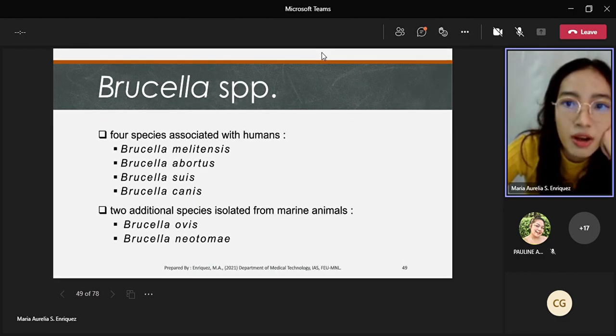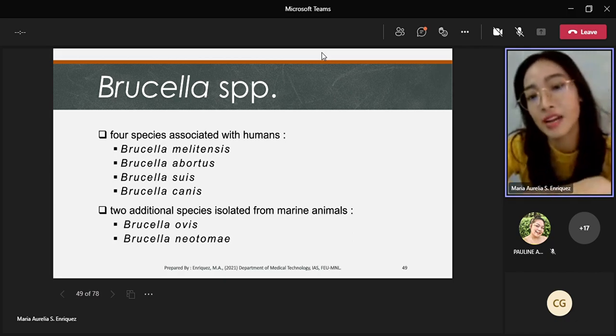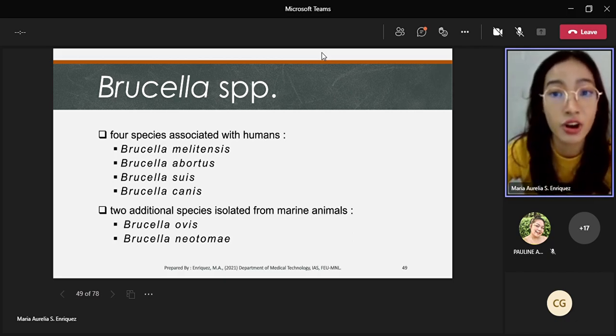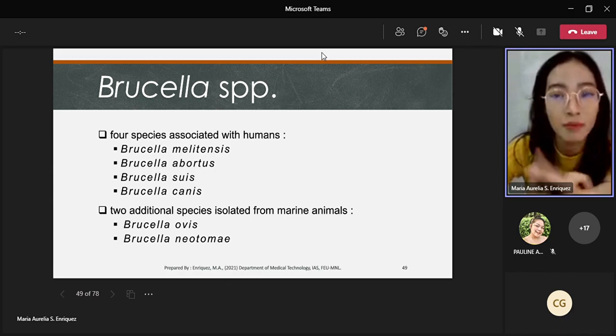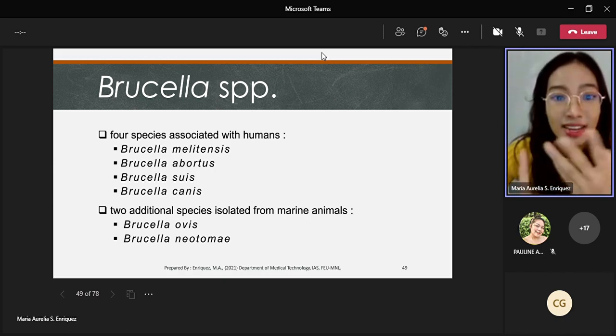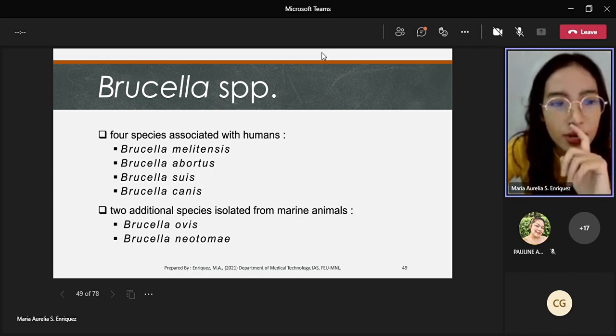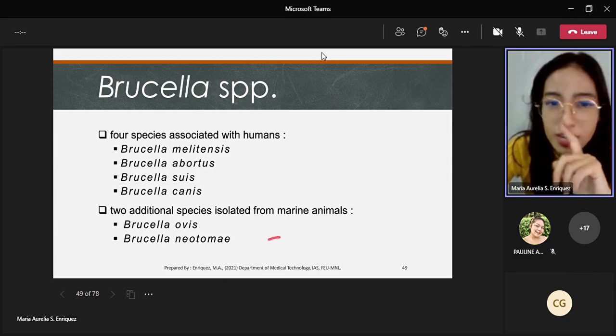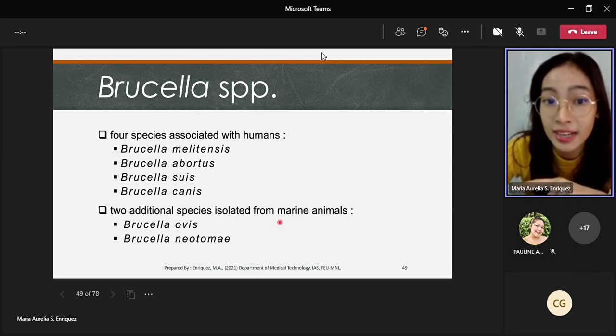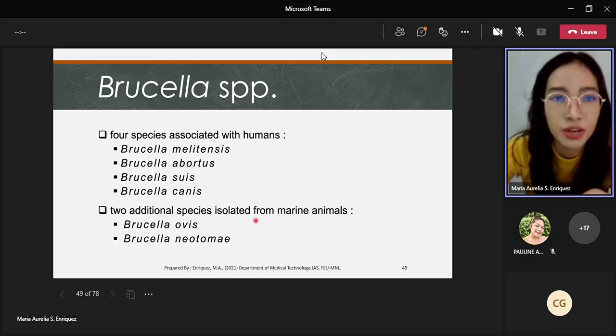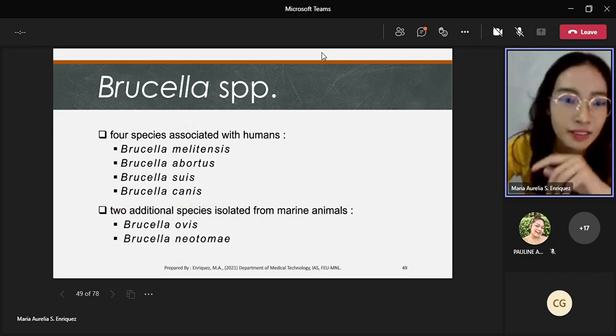All right, so there are 4 species that have been associated with human infections, and these are Brucella melitensis, abortus, suis, and canis. Now, according to our reference textbook, there are 2 additional species that have been isolated from marine mammals. But for the most part, itong 4 lang po yung pinakakailangan natin tandaan.